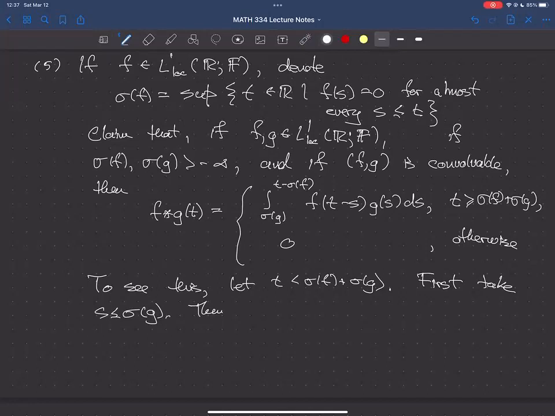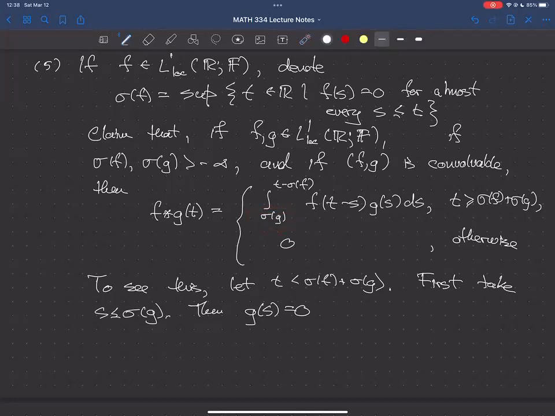You know, and generally it would be for almost every such s that would be true. And so I don't want to have to mess around with that. Okay, so then the point is g of s is equal to 0. Okay, and therefore, when doing this integral, that ensures that I can take my lower bound to be sigma of g.